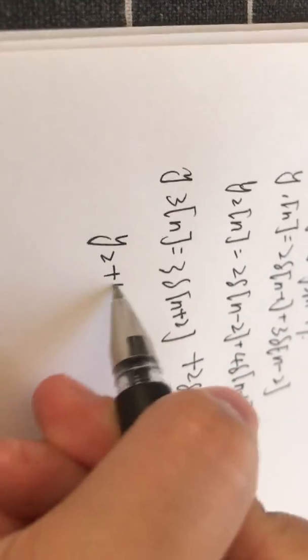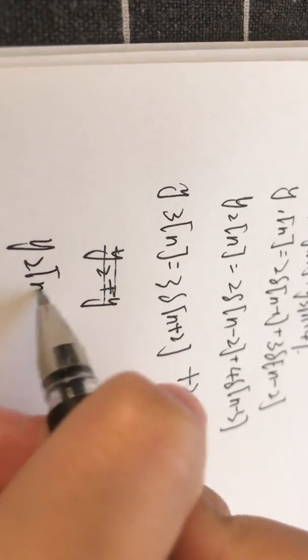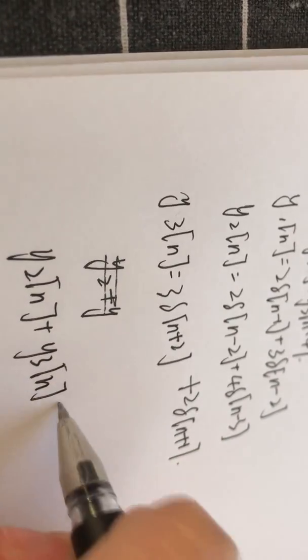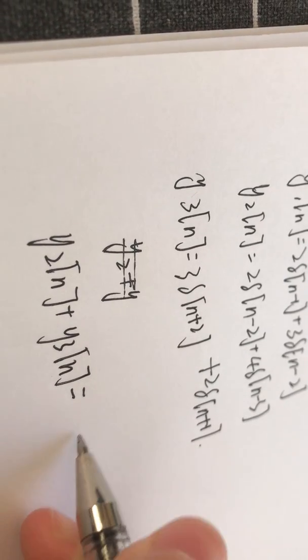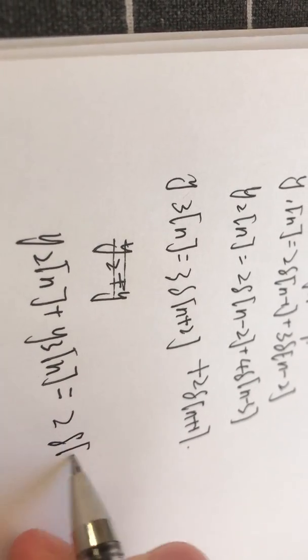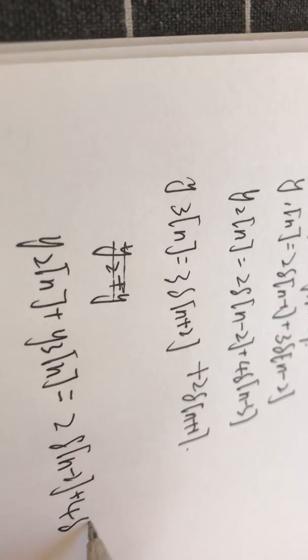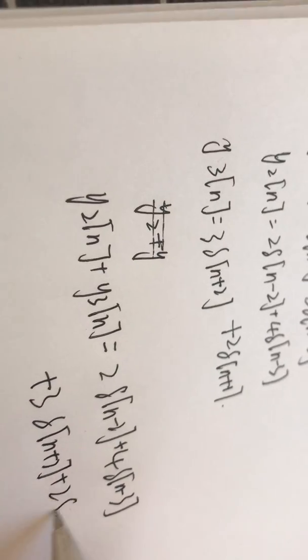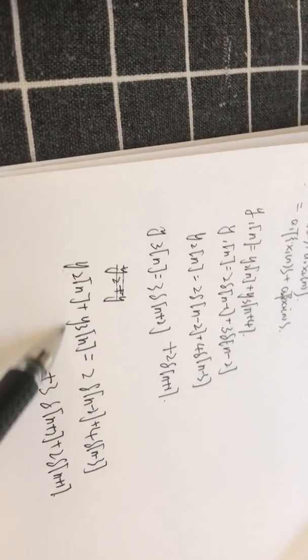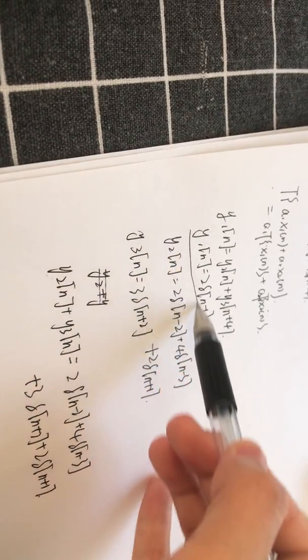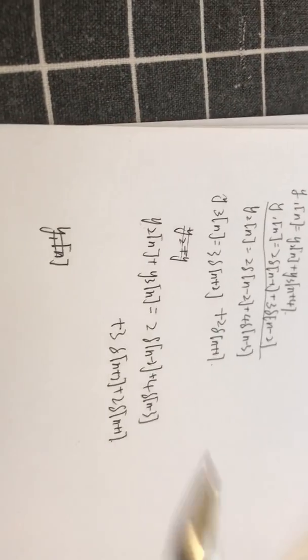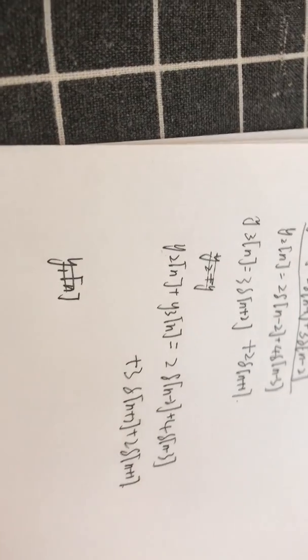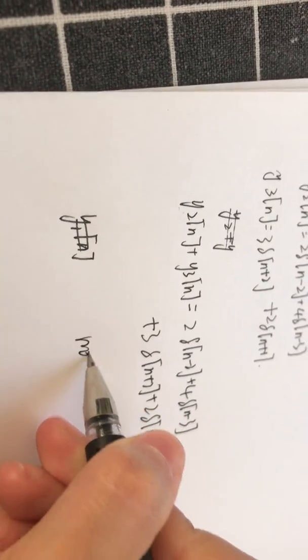So we could get... so apparently I could say that this one is not equal to y[n]. So our assumption is not correct. So this system is not linear.